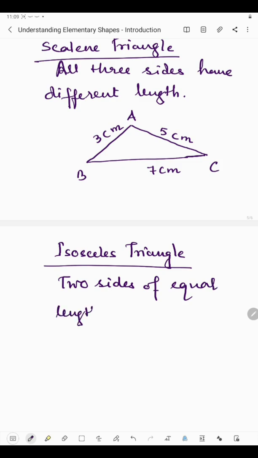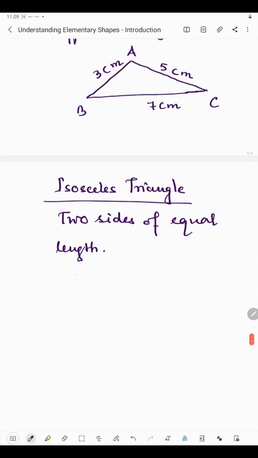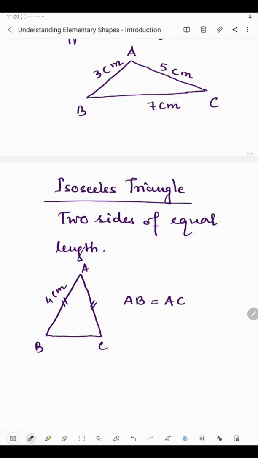Suppose I draw the figure like this, and name it A, B and C, in which AB and AC are of the same length. Suppose AB equals AC, say 4 centimeters, and this is also 4 centimeters, and this is say 3 centimeters.